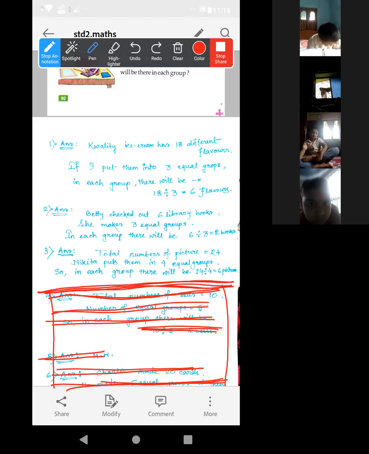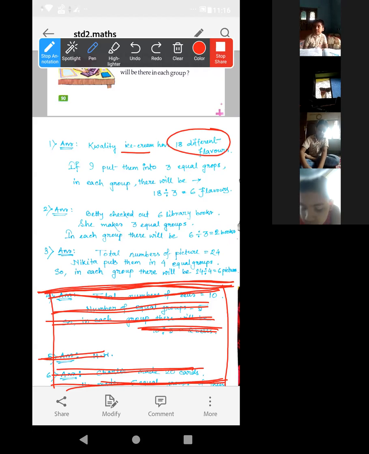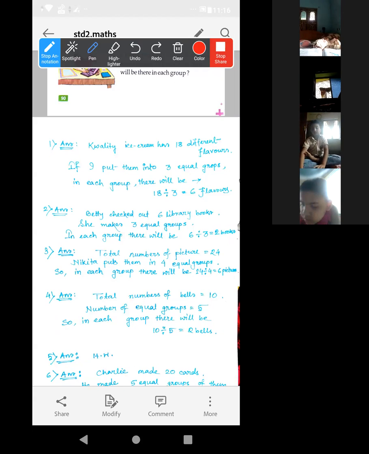Look, write the statement properly. Quality ice cream has 18 different flavors. So if you want to put them into 3 equal groups, then in each group there will be 18 divided by 3 is equal to 6 flavors.